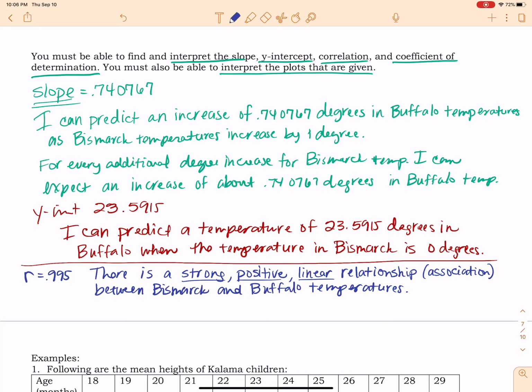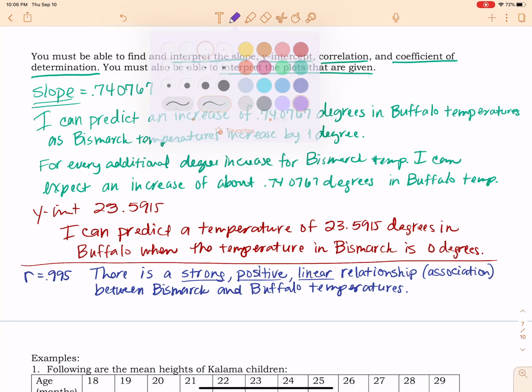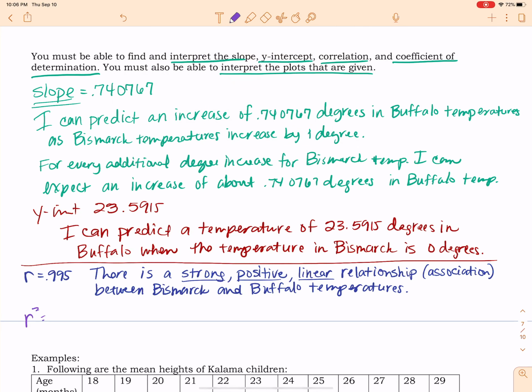Okay, now we're going to look at the coefficient of determination, R squared. Purple. R squared is 0.99.